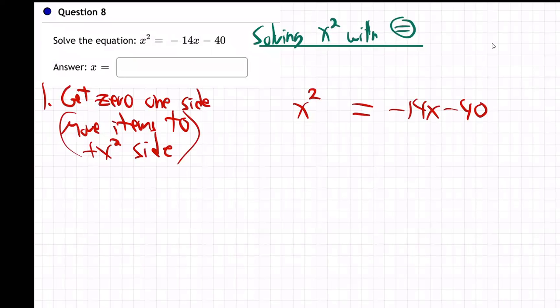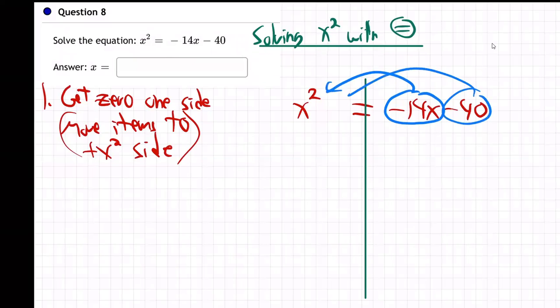And here's the wall of separation. Okay, and I'm going to grab these guys and just jump them. Remember, when things jump to the other side, they switch their signs. They'll become plus 14x, plus 40, nothing left on the right side, 0.